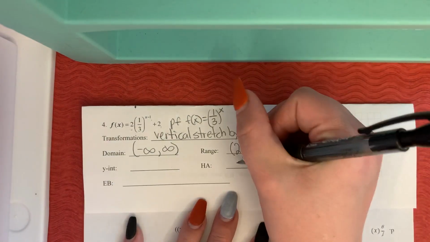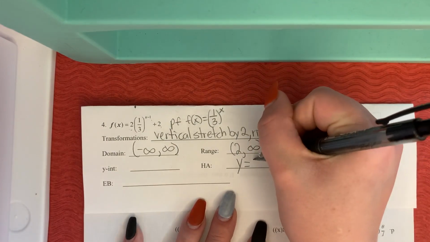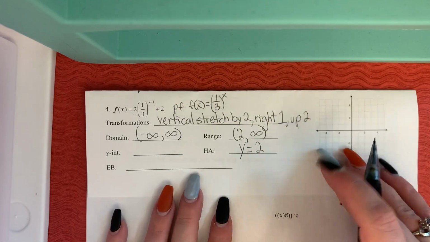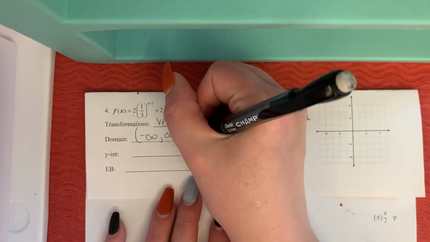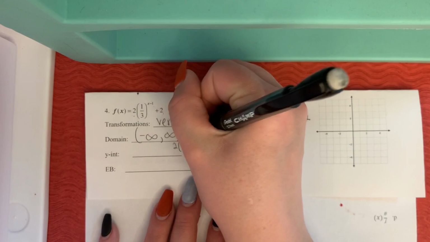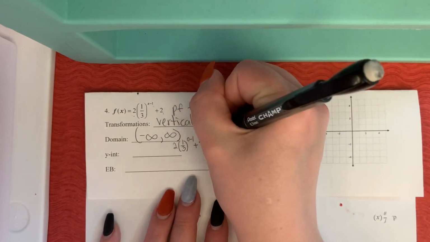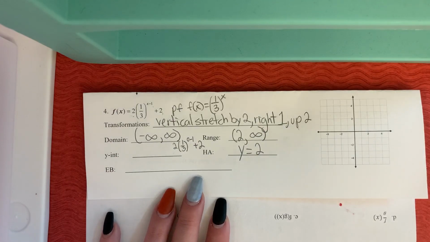So our horizontal asymptote will also shift up 2. And the only things that affect the horizontal asymptote are going to be shifting up and down. The reflections won't affect those. And then we'll find our y-intercept. So we'll do 2 times 1/3 to the 0 minus 1 plus 2. Okay.